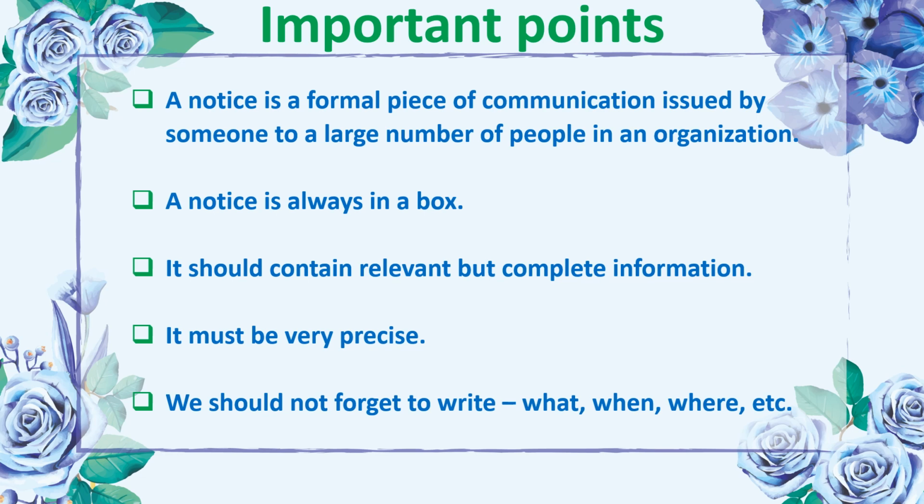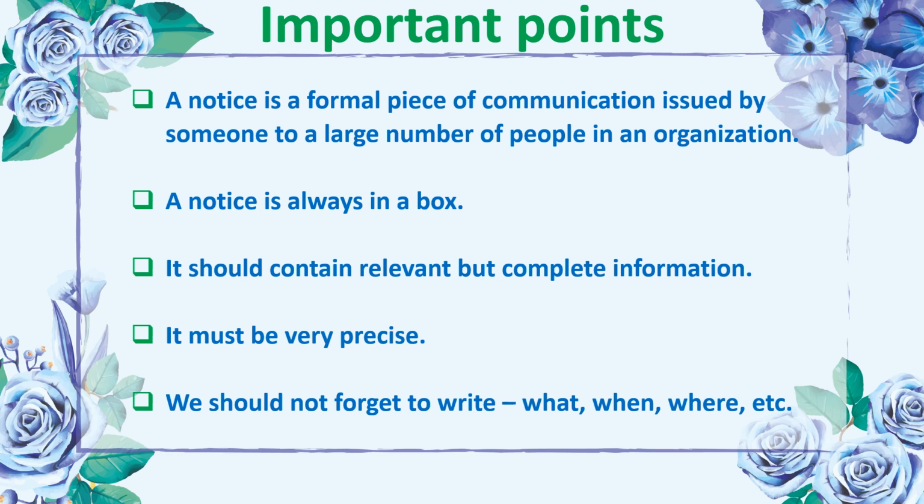It should contain relevant but complete information. So your notice should have important information but complete information like when, where, how, who will be coming, or you have to give the names of whom. All the information has to be there. And it should be very precise.